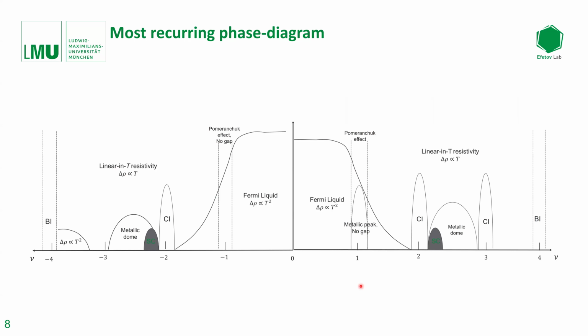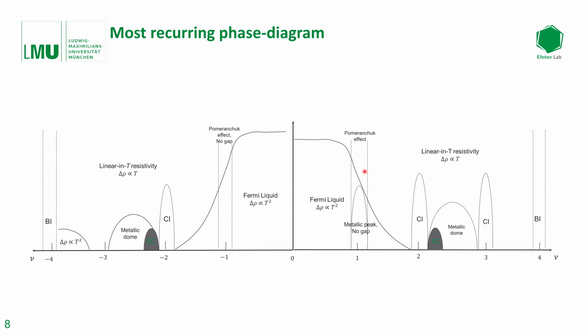Okay, but a long story short, from this type of phase diagram that we could produce, looking at all of the different devices, this is something which we believe is the most reproducible phase diagram, where you can clearly see that the integer fillings such as 2, 3, and -2 are typically gapped.